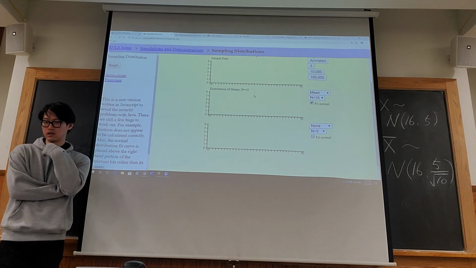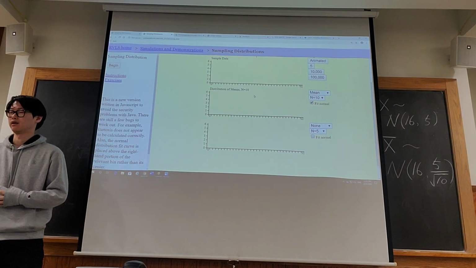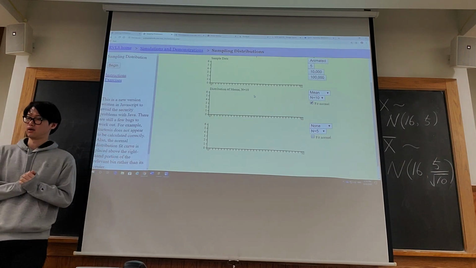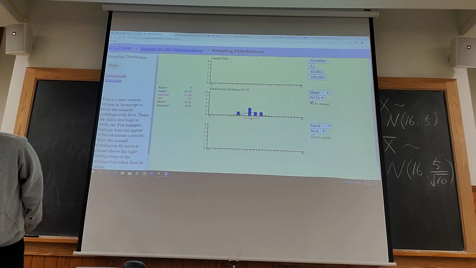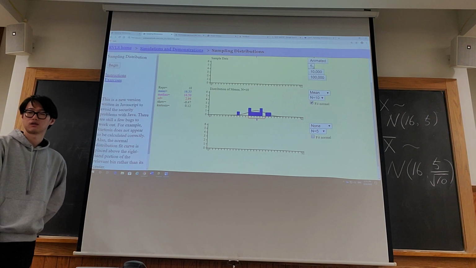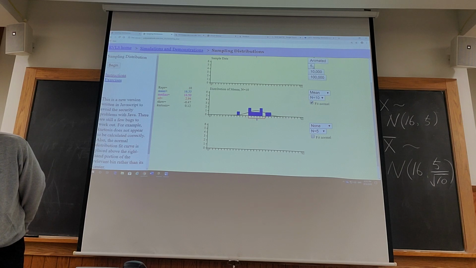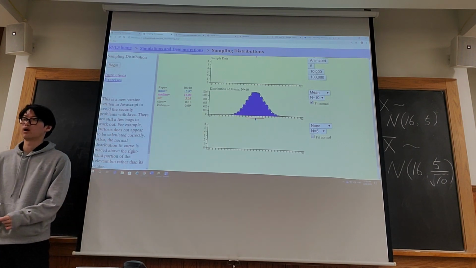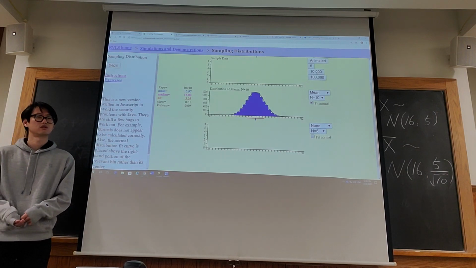It will be, I don't know, a weird distribution. You guys have no idea about the population distribution. But if I can give you some information about the distribution of the sample mean, you can actually have some information about the population distribution. Can you tell me what is the mean of the population distribution?